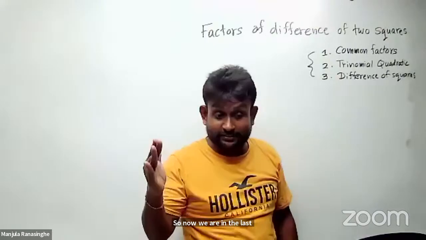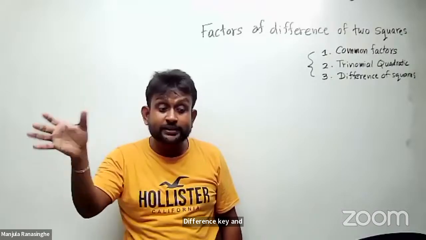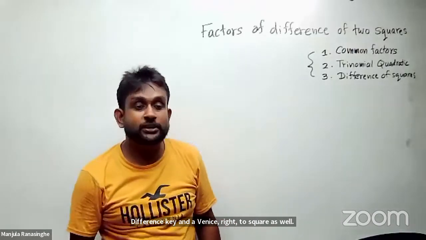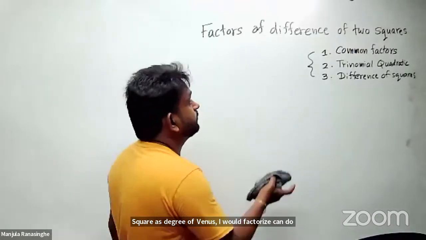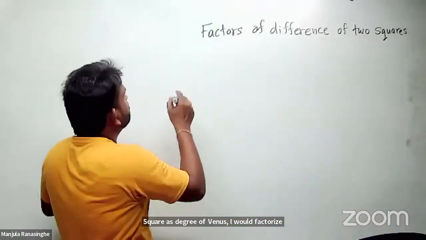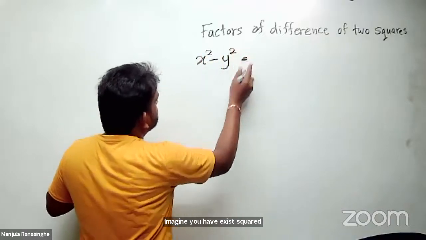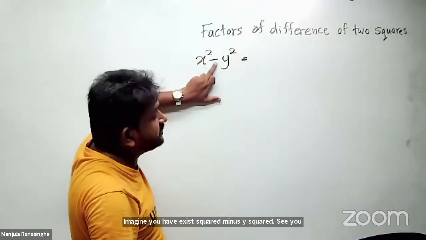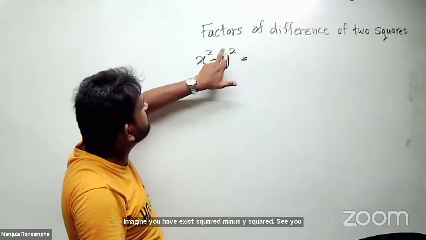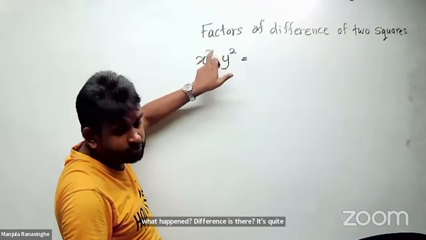Difference means the subtraction of two squares; today we will learn how to factorize when a difference of two squares comes. So generally, imagine you have x squared minus y squared. See what happened? Difference is there, and two squares.